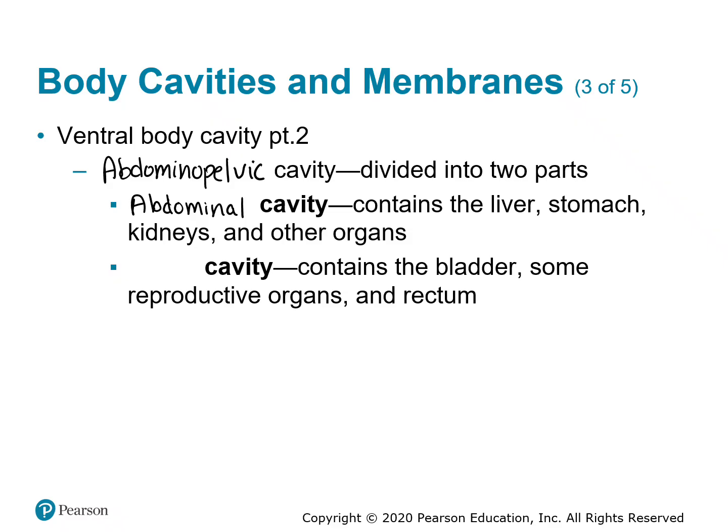And then your pelvic cavity has your bladder, some of your reproductive organs, and the rectum. For your study purposes, I would know what organs are in the abdominal cavity and then what organs are in the pelvic cavity.